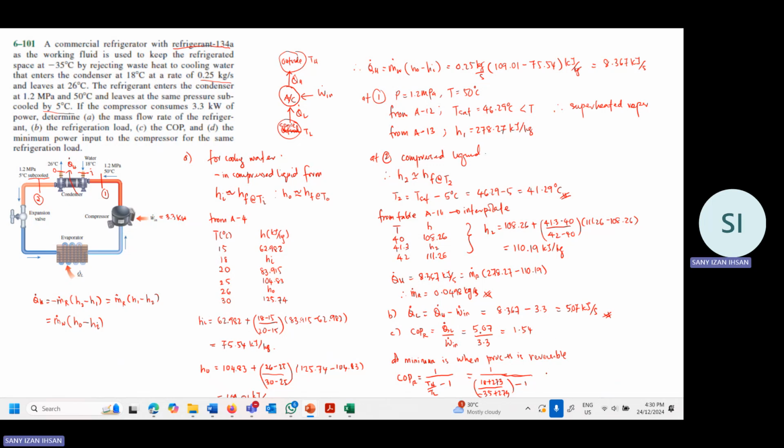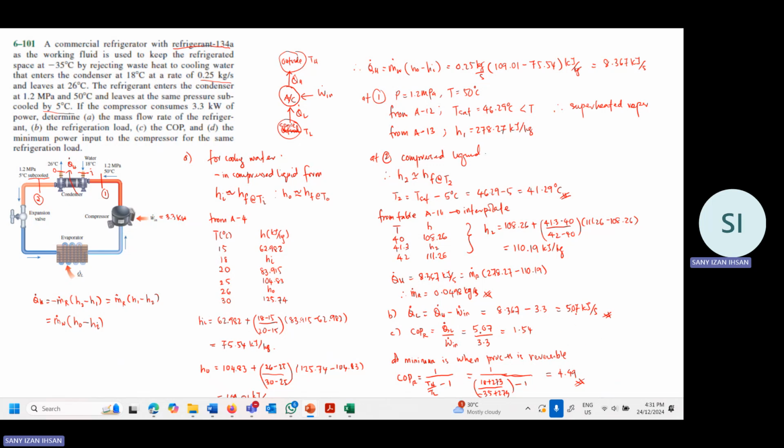If you do this, then you can see that the minimum power input is 4.49. Oh, sorry, this is not the power. We are talking about the minimum, or the reversible process, this is the coefficient of performance.